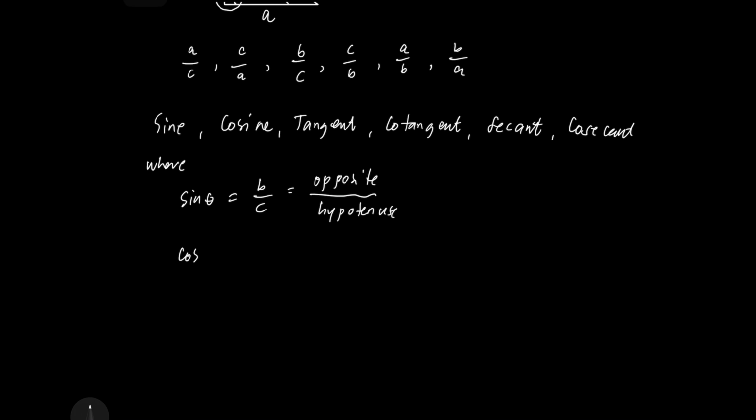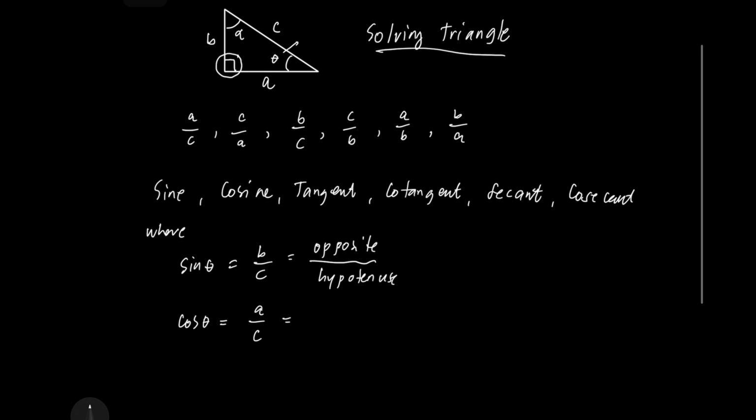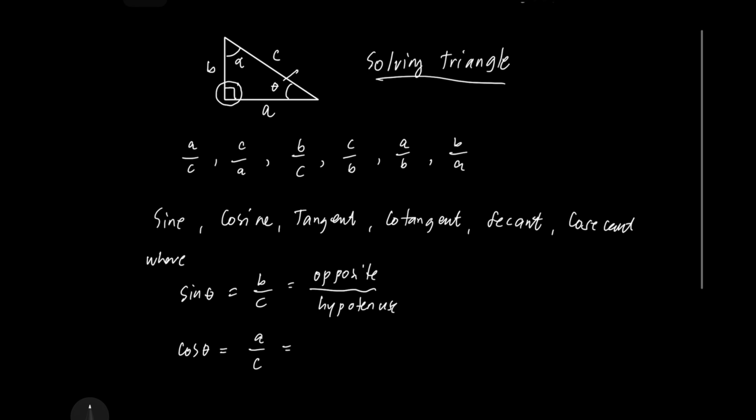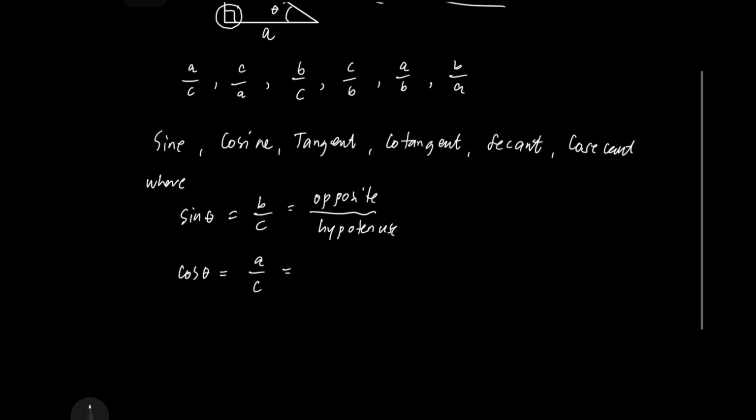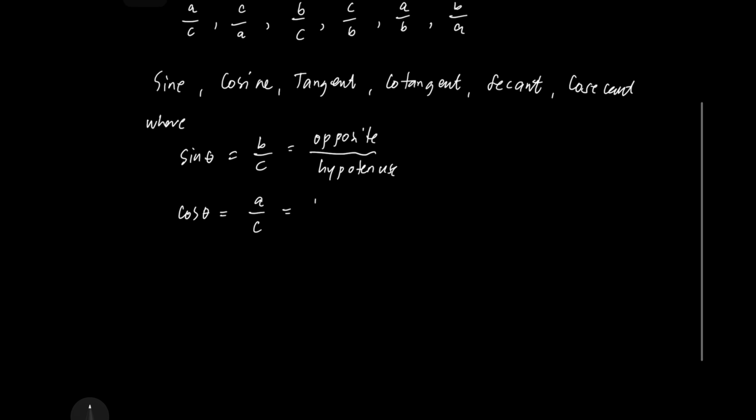Then we also have the cosine theta, which is the ratio of A and C, and A with respect to the theta is the adjacent side, and again C is our hypotenuse.